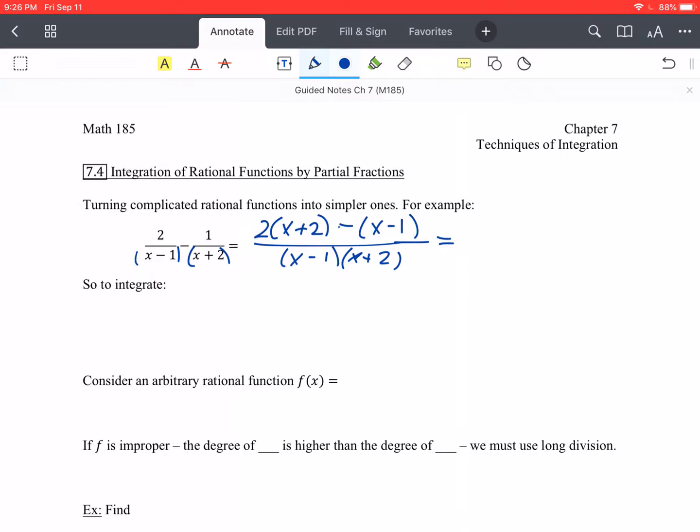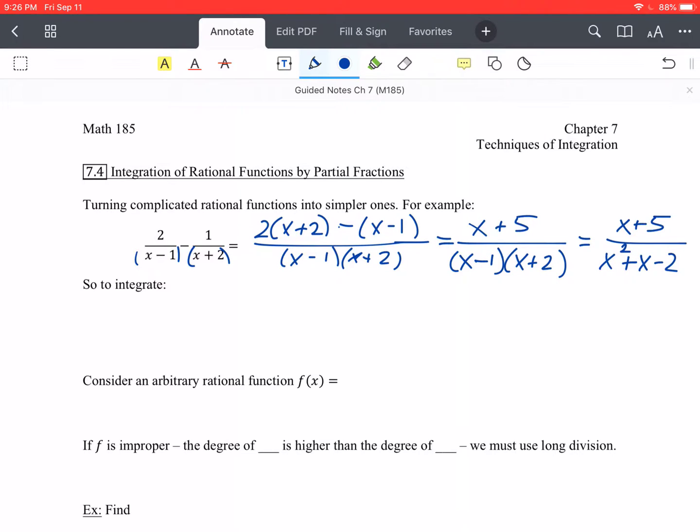So that gives us, let's see, 2x minus x is just x, and then 4 plus 1 is 5. So we get x plus 5 over x minus 1 times x plus 2. And then we can FOIL out that denominator. So we get x squared plus x minus 2.